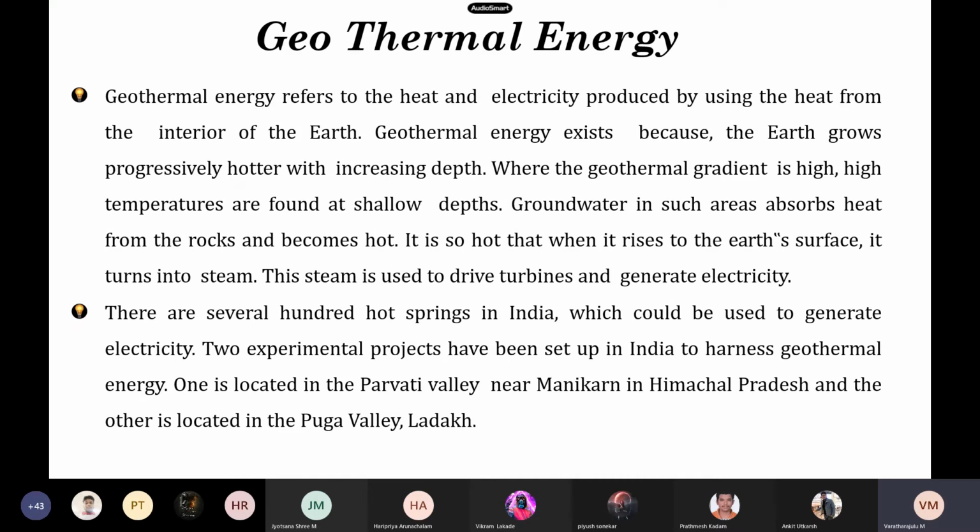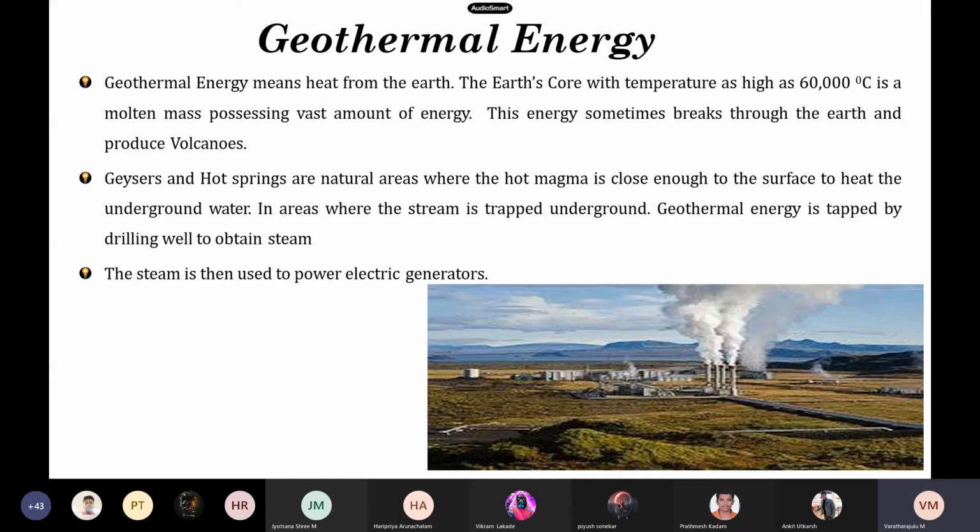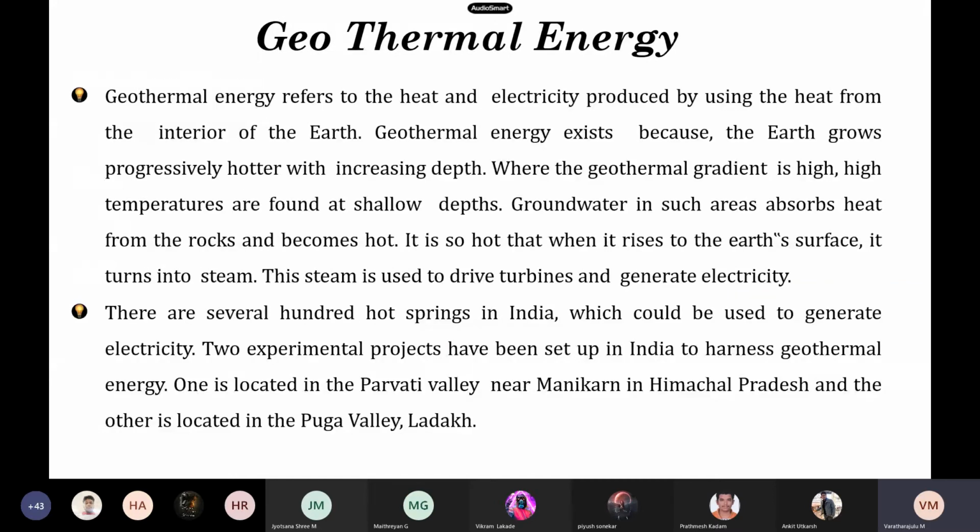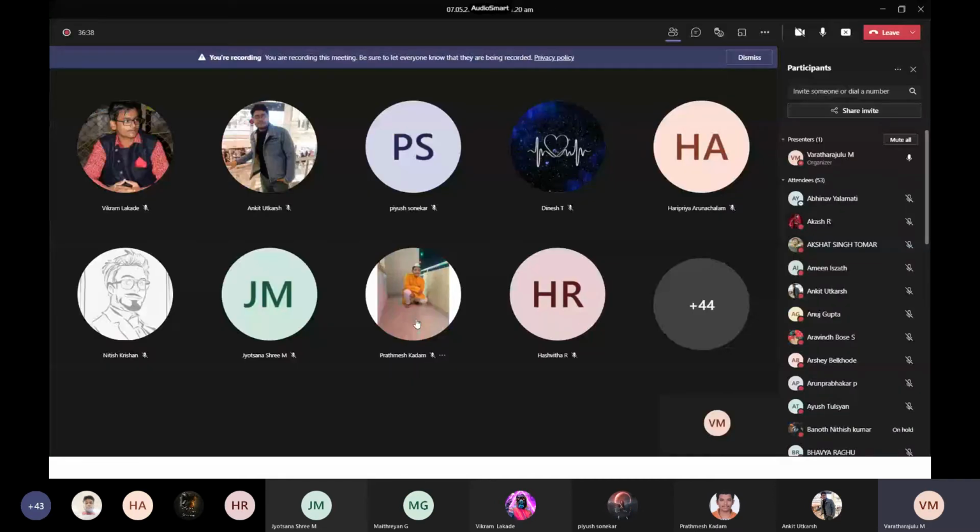Sir, where do we use tidal energy plants in India? In Gujarat we have one tidal plant; in 2012 they planned to erect one in Gujarat.